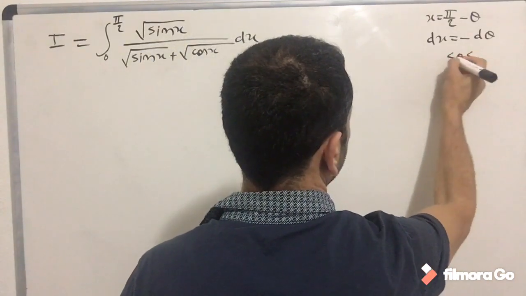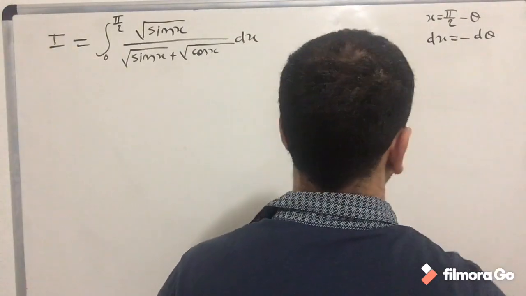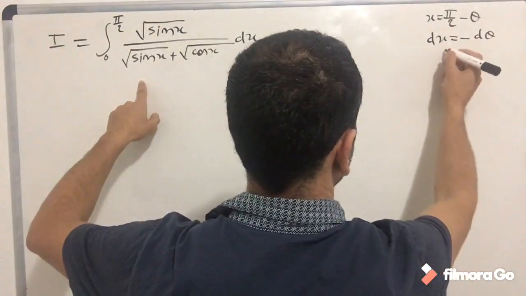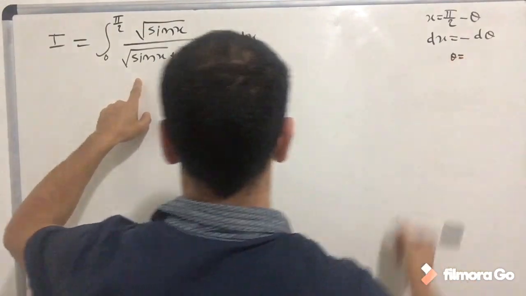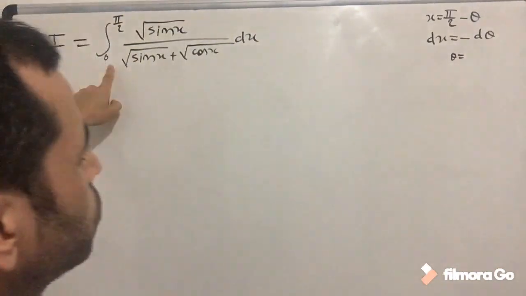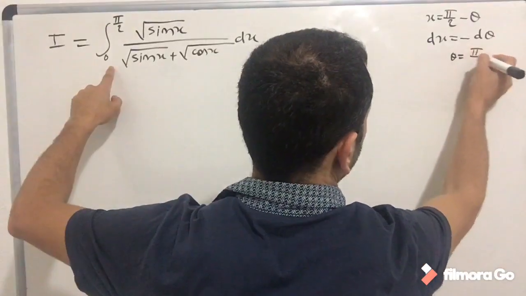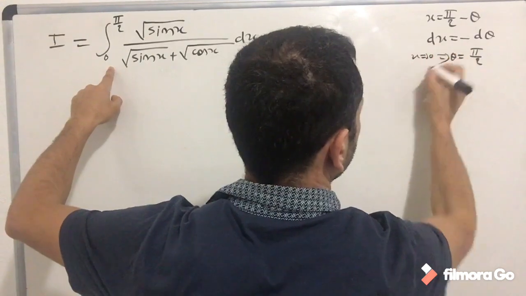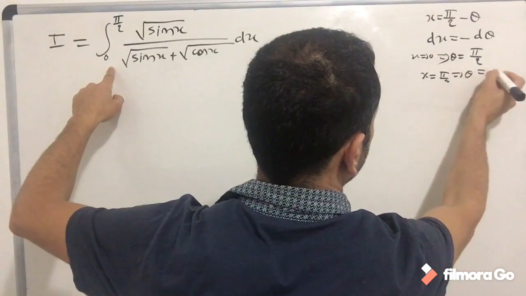If x equals 0, then theta equals pi over 2. If x equals pi over 2, that means theta equals 0.